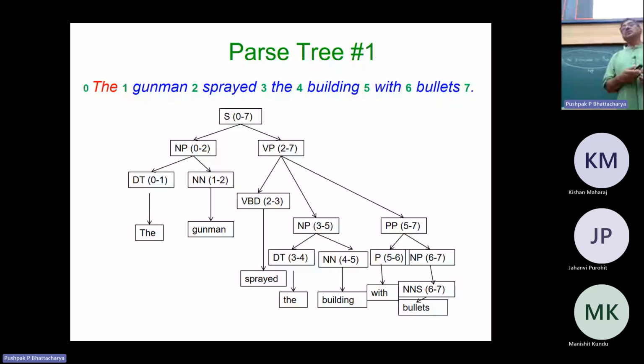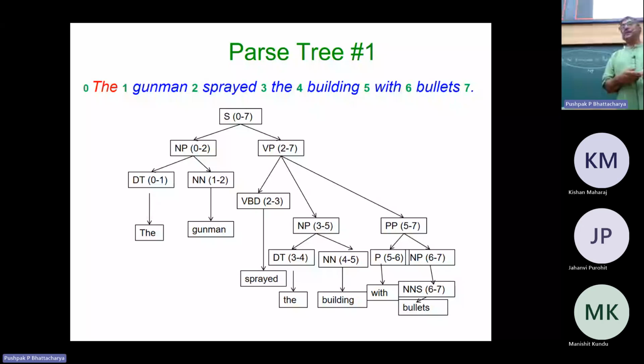This starts with VBD between 2 and 3. And the VBD is resolved with sprayed between 2 and 3. VP has an NP PP. So there is a noun phrase between 3 and 5, the building. And between 3 and 5, I have the and building at two different positions, 3 to 4 and 4 to 5.